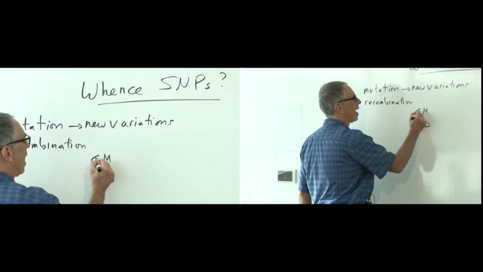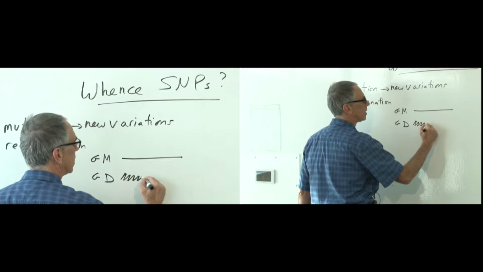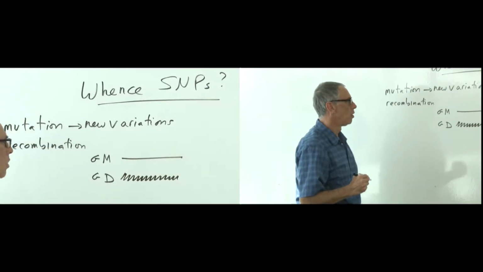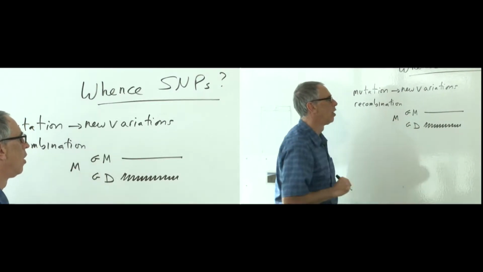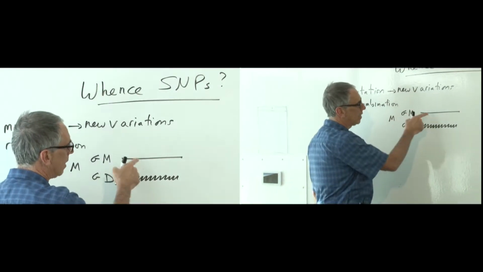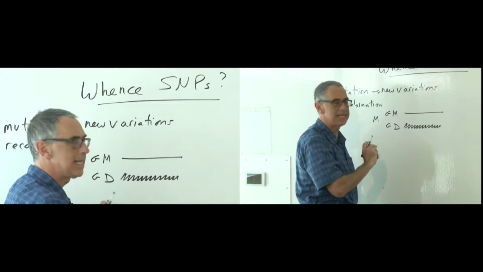So let's say we have grandmom and granddad. Grandmom is a line as a genome. Granddad is just a squiggly line. This is your maternal grandmother and grandfather. When mom's eggs are being made, they take each chromosome, break it up, and mix pieces together.